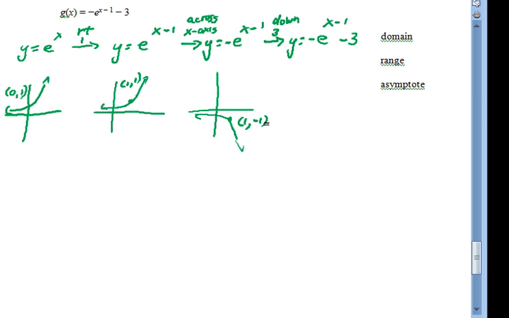And when we go down 3, we'll have (1, -4).